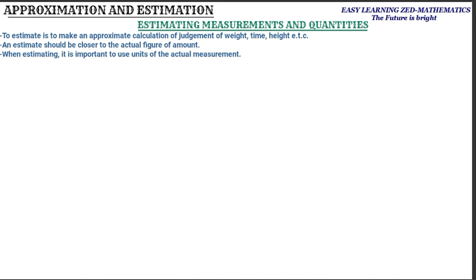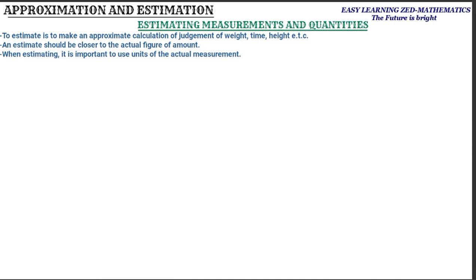Why should your estimate be closer to the actual amount? It's very important because, for instance, you are told to count the bags of maize, and you count them and they are 320. Then you give an approximation of about 300 bags.